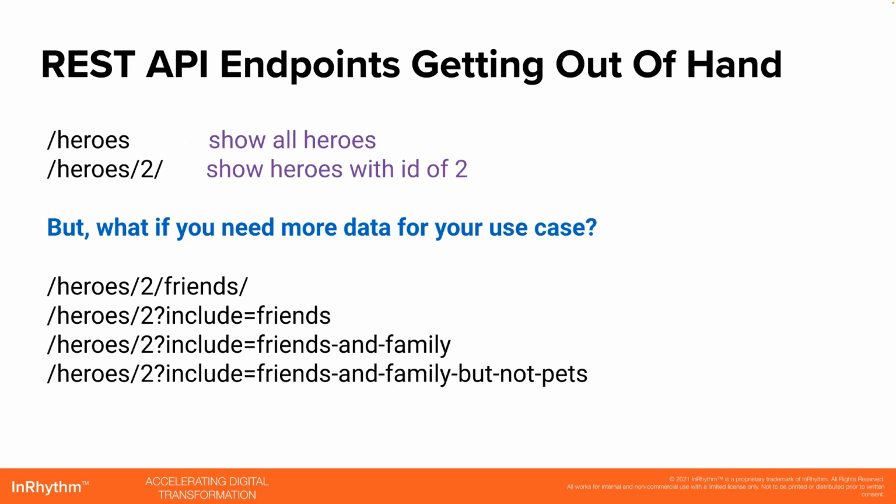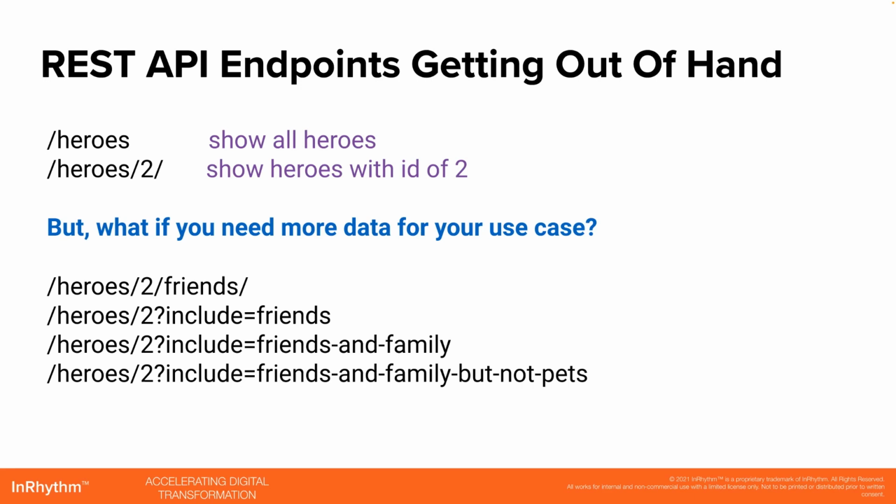So REST APIs and how they can get out of hand at times. Usually there's a resource URL for a specific purpose. And the example I have is like a GET request to some heroes endpoint. That would probably return an array of heroes. But if you wanted to get specific information about that hero, you would add the ID to the path name.